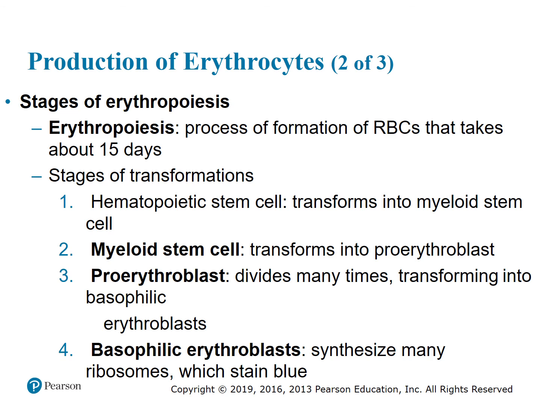Stages of erythropoiesis. Erythropoiesis is the process of formation of red blood cells, and it takes about 15 days. The stages of transformation are: 1, the hematopoietic stem cell transforms into a myeloid stem cell. 2, the myeloid stem cell transforms into a proerythroblast. 3, the proerythroblast divides many times, transforming into basophilic erythroblasts, which synthesize many ribosomes that stain blue.